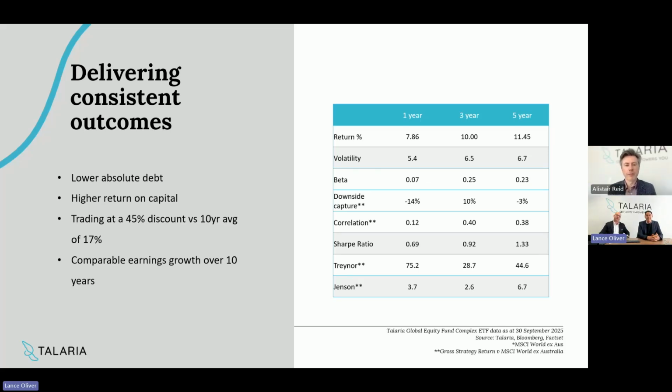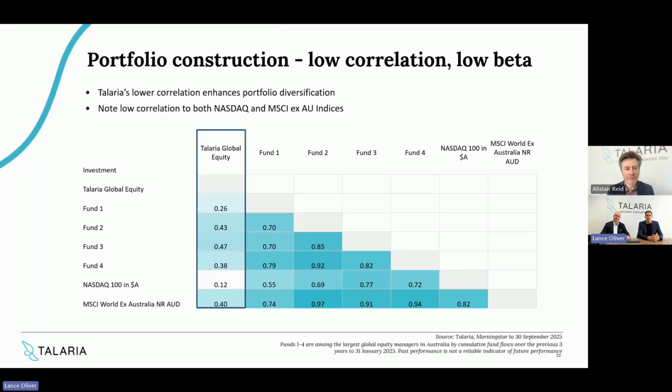Thanks, Hugh. Just one last thing before I hand over to Al for questions. We have used this in previous webinars before, but I think this just highlights a few things. So perhaps bear with me, but what we're looking at here is ourselves versus 4 other global equity strategies.